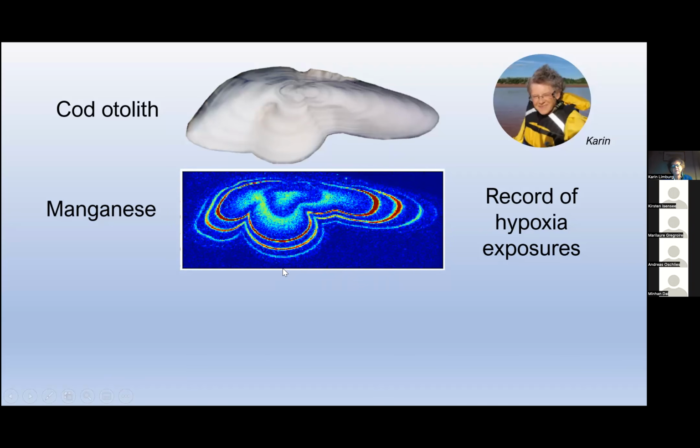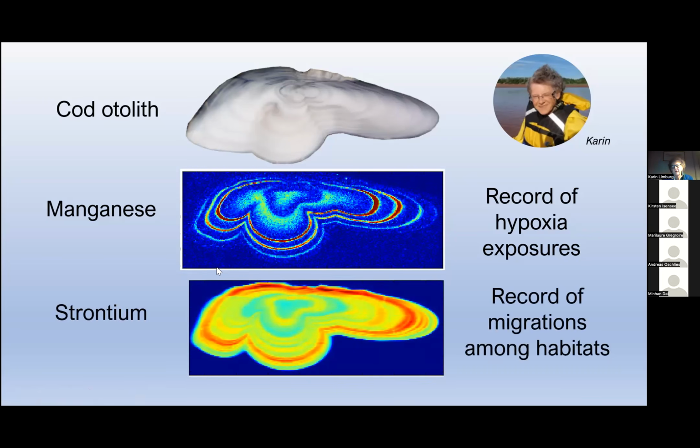And this really speaks for itself. You can see those episodes occurring over the lifetime of the fish. And we can correlate those with other trace elements and try to get an idea of migrations, for example, and other things going on in fish condition and so on.